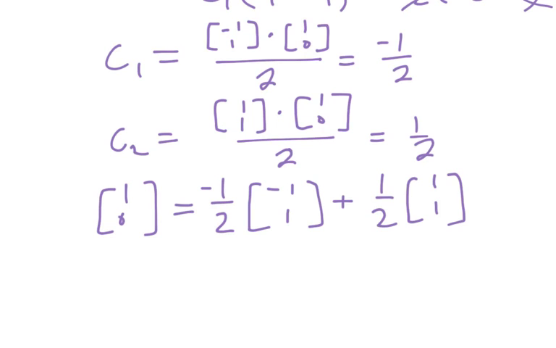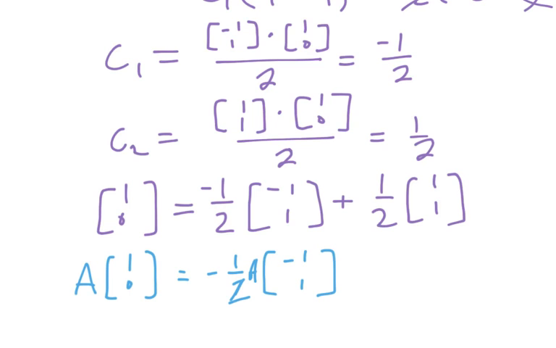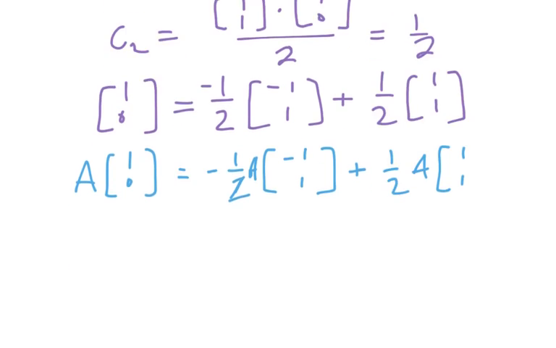Now, the idea behind all of this stuff that I was just saying a second ago is that now we can figure out A of (1, 0) fairly quickly. This is going to be negative 1/2 times A of (-1, 1) plus 1/2 A of (1, 1).